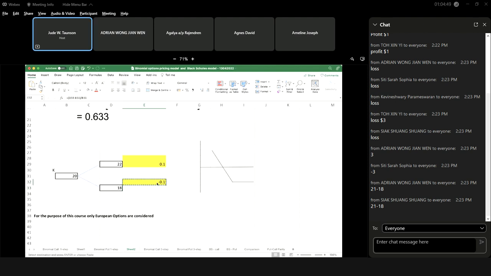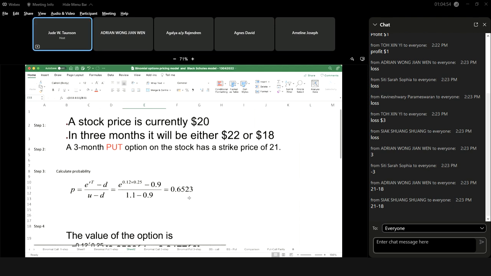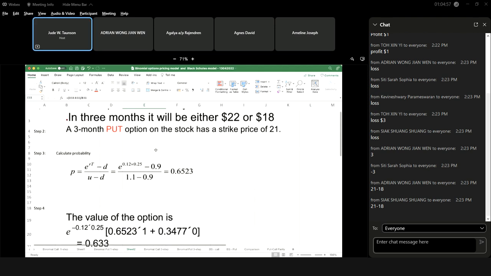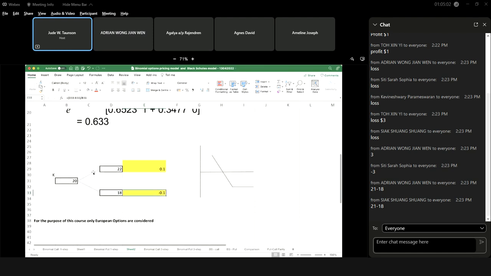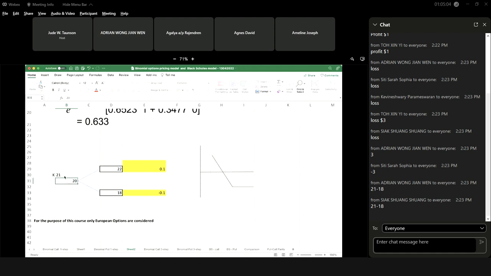Okay, step 1, step 2. The strike price is 21. So this one is 1 plus this one, equal to u. Up, u means up. This one is 1 plus this one, which is down, d, down.